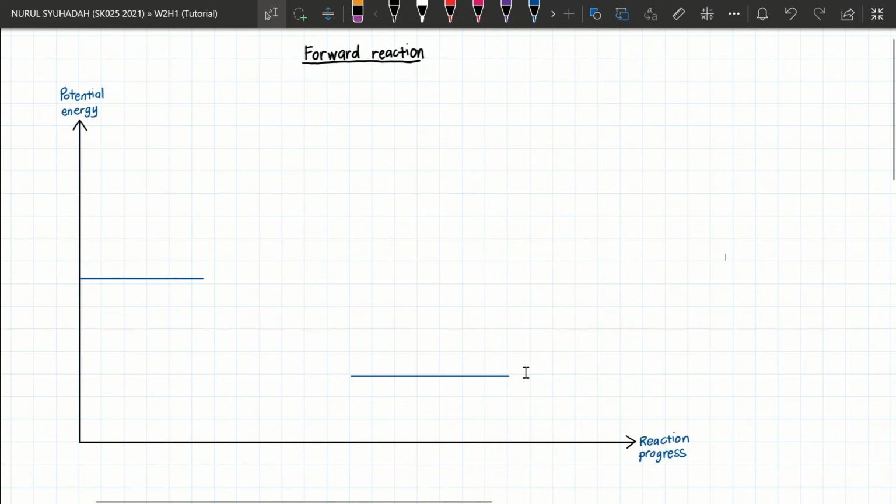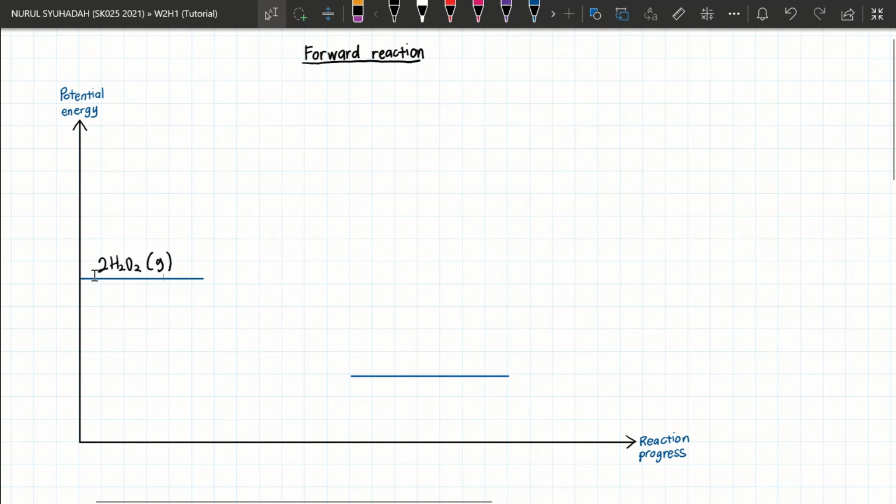Okay, and next, write down the reactants and also the product. So it will be 2H2O2. You need to make sure that you write everything that is given. If the question already gives you the state, you need to write down the state, and it must be a balanced equation.